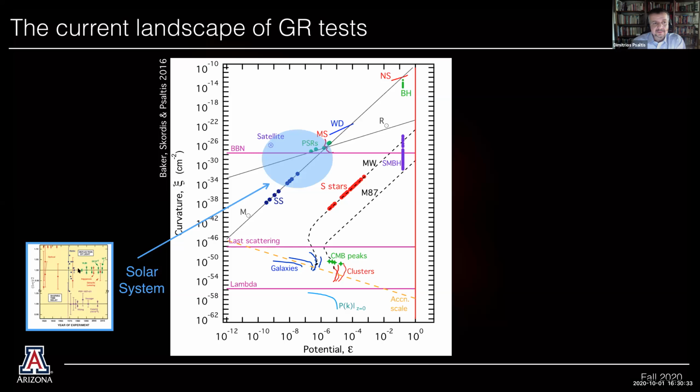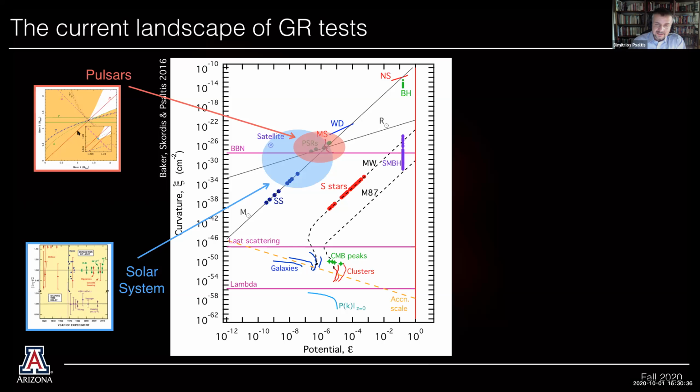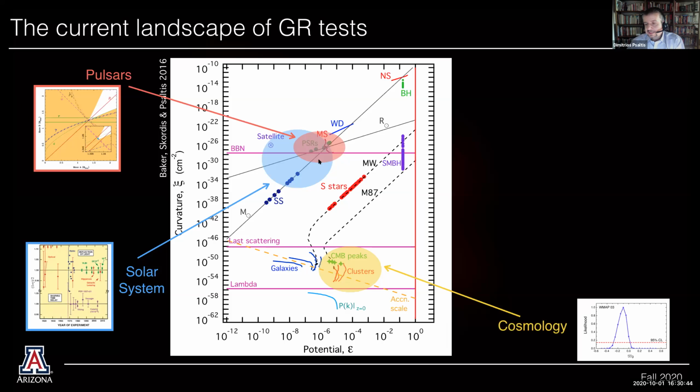We knew about pulsar tests. Unfortunately, I didn't have time to talk about the wonderful general relativistic tests done with pulsars in this part of the parameter space. We started in the last decade collecting a lot of information to be able to do actual tests of general relativity with cosmology, and we'll only get better with things like LSST and Euclid.